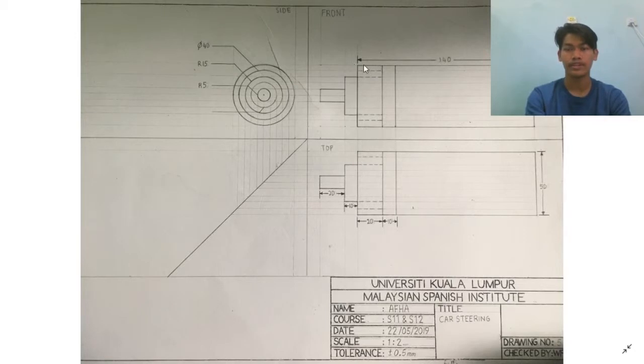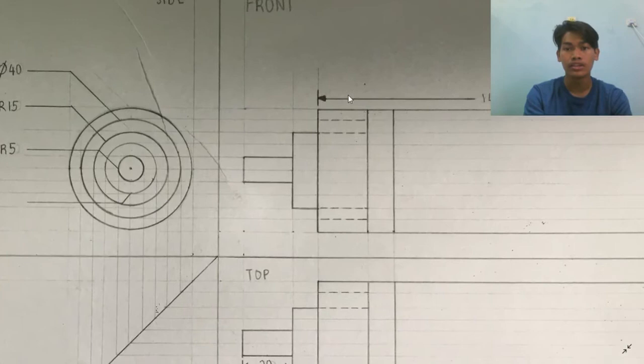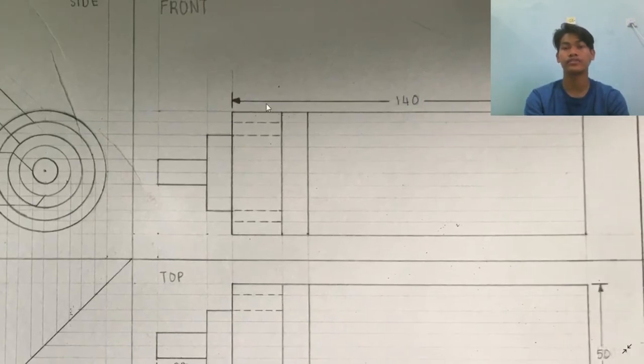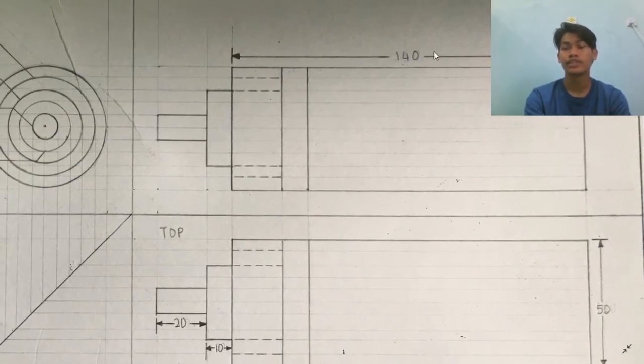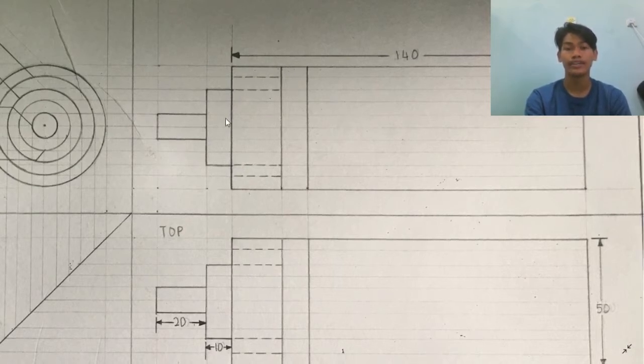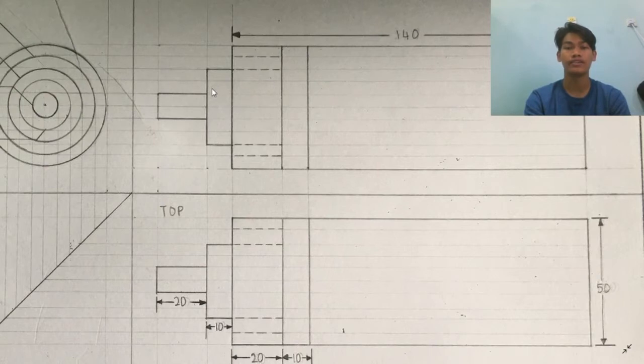For the front view of the steering rack, the length of the steering rack is 140 millimeter for the bigger cylinder, which is located at the behind of the part.